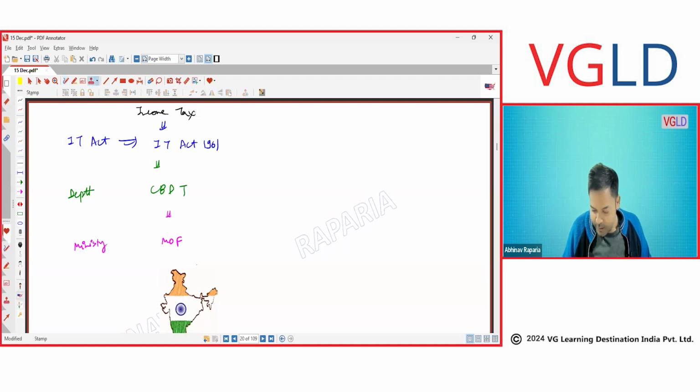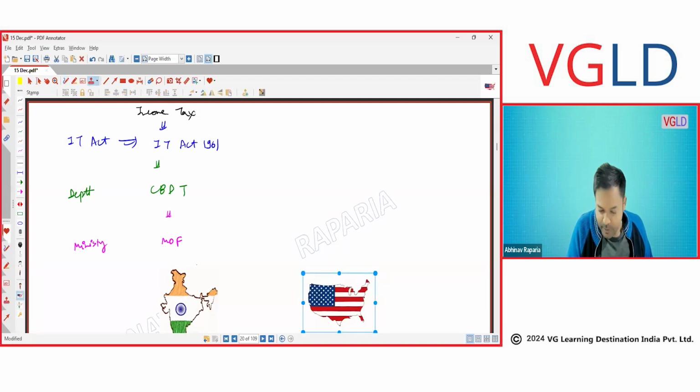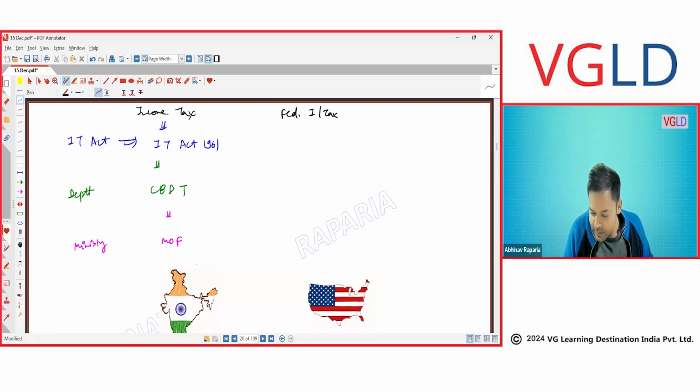Now, if I talk about the US, we are discussing federal income tax. Here, which act do we have? We have the IRC, Internal Revenue Code. This is under which department?